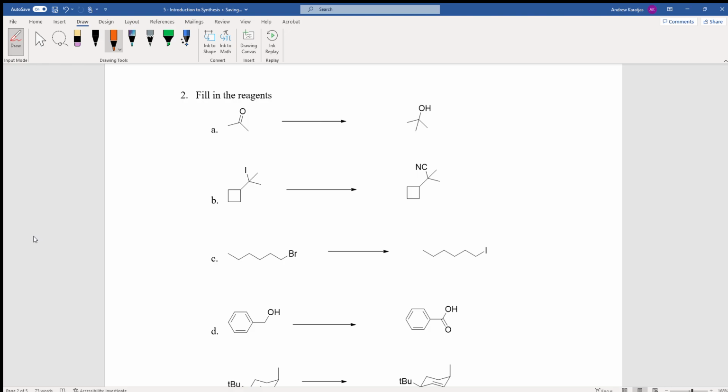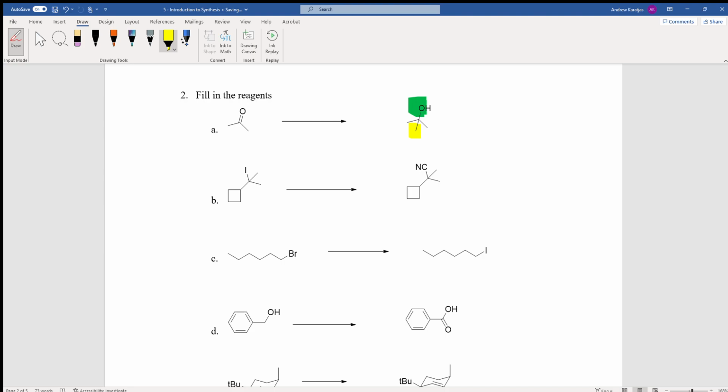So part A, there's 2 things that have happened here. One is that our carbonyl got converted to an alcohol. The second thing is we've added a methyl group. So how do we do that in a single step?